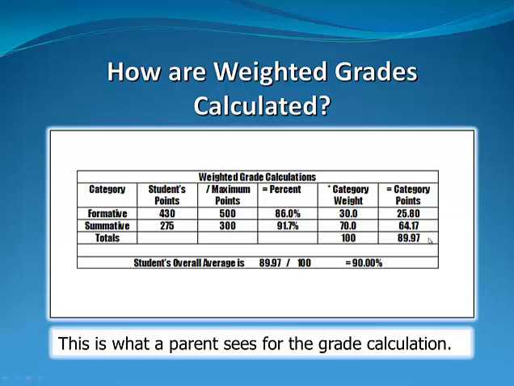When you add up the category points, you get the overall average rounded up at this point to 90%. eSchool will only round at the very end of a calculation and not in between. So it's important to know that you don't round till the end. This is what a parent sees for the grade calculation.